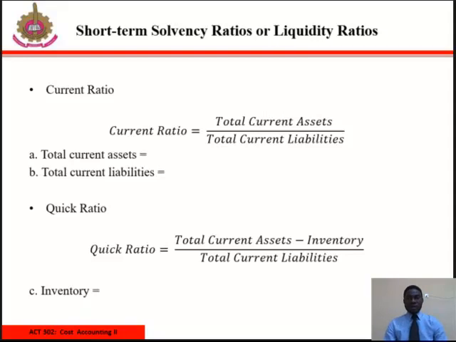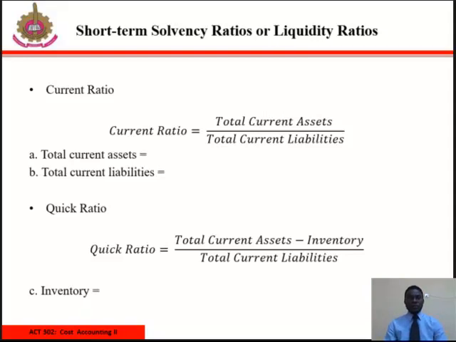The quick ratio can also be referred to as the acid test ratio. The basic difference between the quick ratio and the current ratio is that the current ratio considers current assets and current liabilities. That is, total current assets were considered and total current liabilities were also considered.